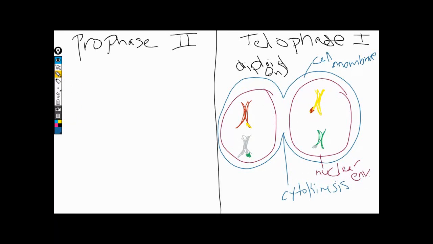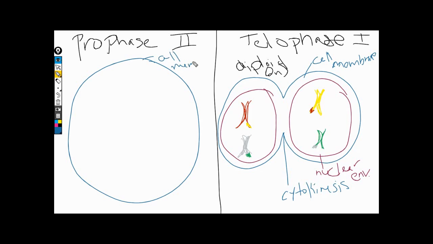Okay, so let's start by drawing our cell membrane. Anytime we're doing anything cell, it's always the first thing we draw. Remember, we would want to draw both of these, but my screen is tiny. Okay, I'm going to draw my left hand cell. You can follow along with what I'm doing.